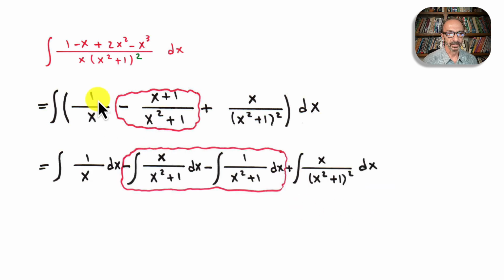This part right here, 1 over x. This part right here, we could split into 2 parts, just like before: x over x squared plus 1, plus 1 over x squared plus 1. If you want to distribute the minus sign to both, it shows here and right here. And for now, I'm leaving this right there.